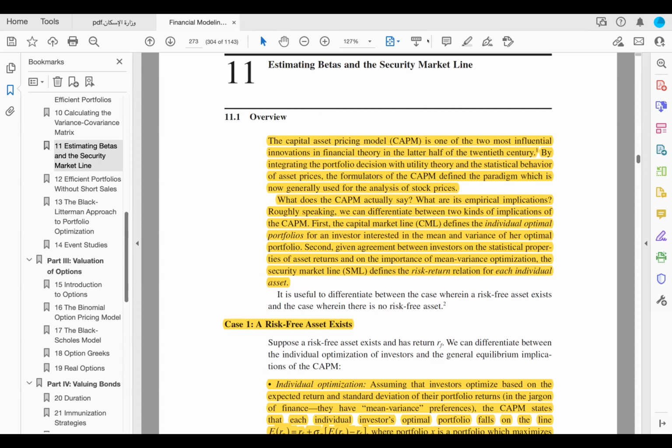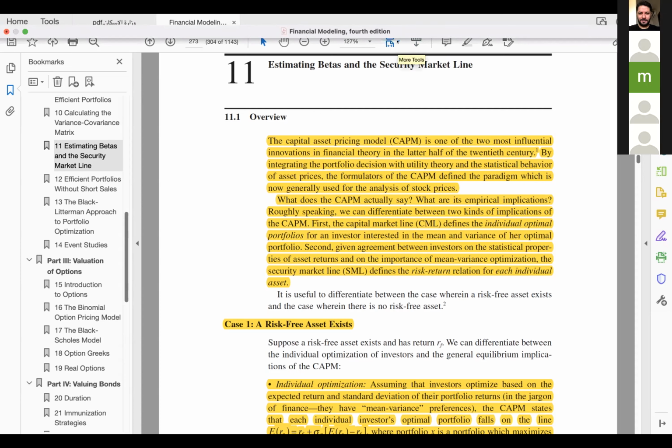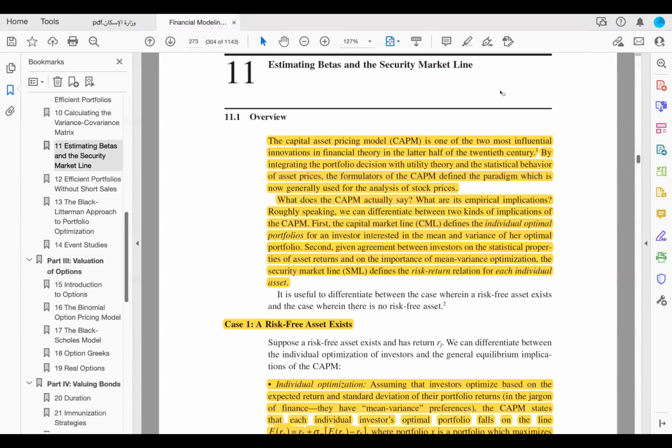The SML is supposed to produce the fair price or the fair return for any stock. What you will do after finding the fair return from the SML is compare it with the market return or the observed market price.